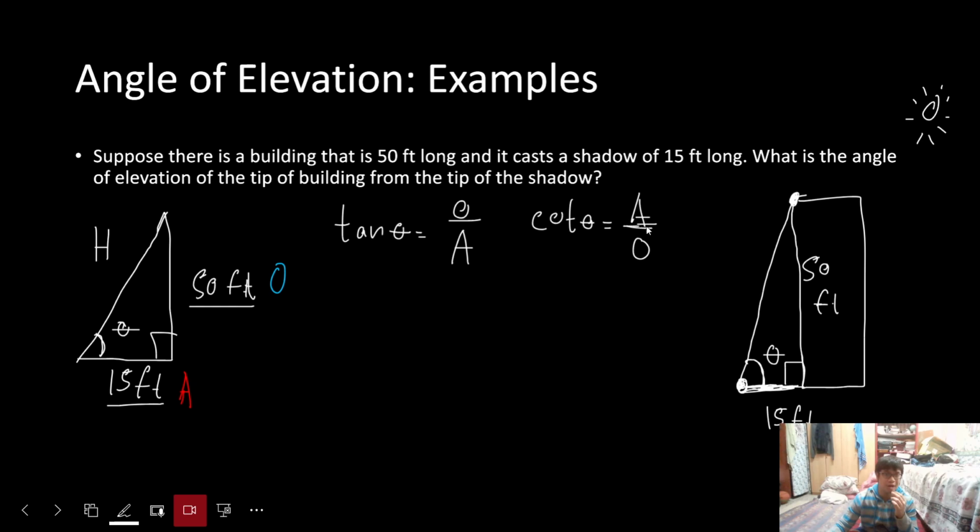We are going to use either of these two, or at least one of them. If you ask me which one, I'm going to select the basic one, which is tangent theta.